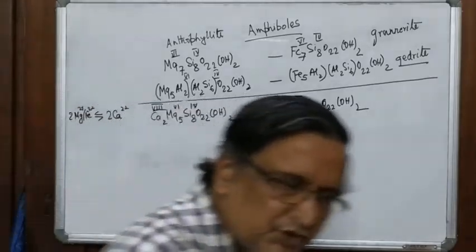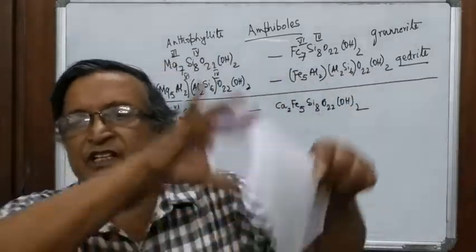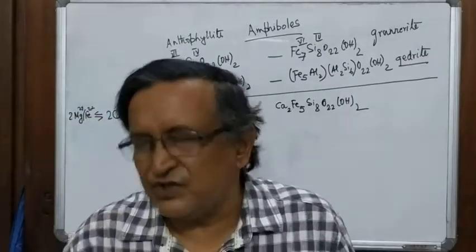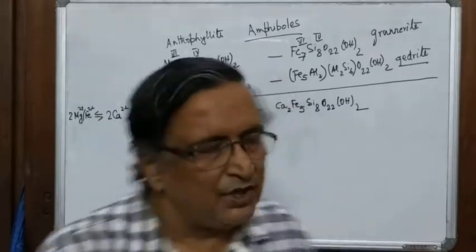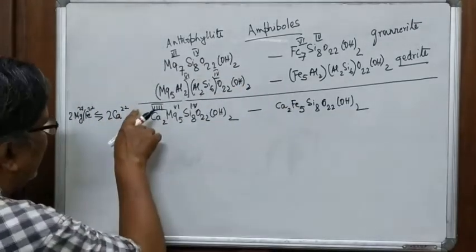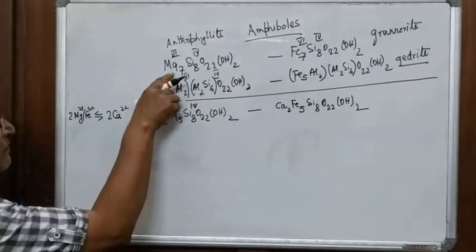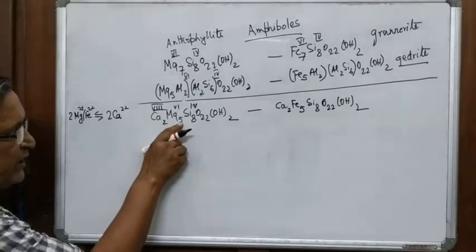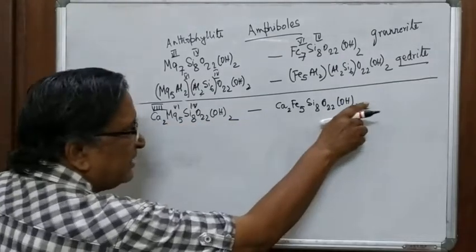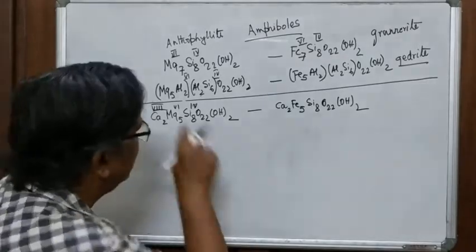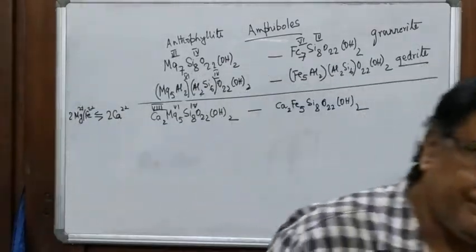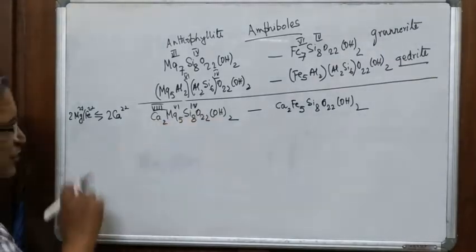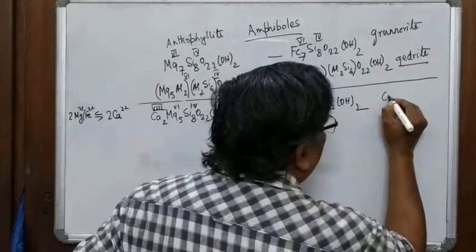So calcium has to shift into a place where it is surrounded by 8 oxygen atoms, because it's too big for 6 nearest neighbor ions. So here 2 magnesium are replaced by 2 calcium, with 8-fold coordination, 6-fold coordination, 4-fold coordination, and similarly here. And the system is coming to light. Tremolite-actinolite series. Then what comes out is a simple substitution.